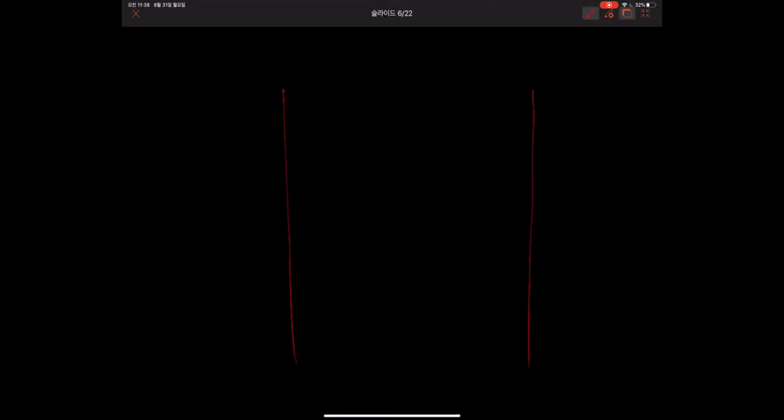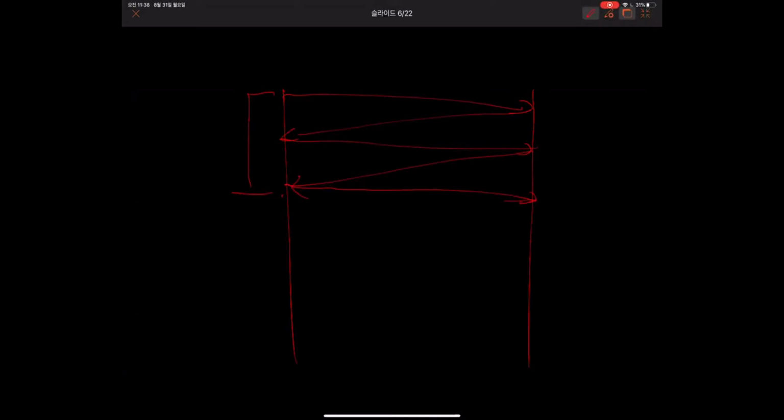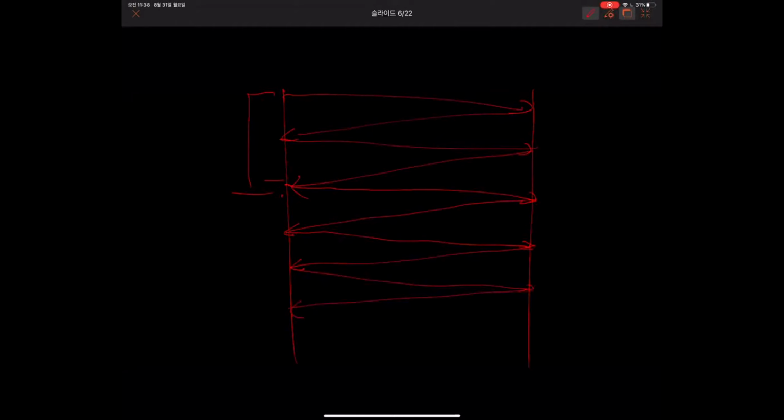So if I have to confirm it is properly connected, after 2 times of the handshake, what I have to do is send it. Oh, I received it well, then I send it. Hey, I received it well, I send it. In this case, every time I transmit, it will take 1 RTT. That is a waste of time.